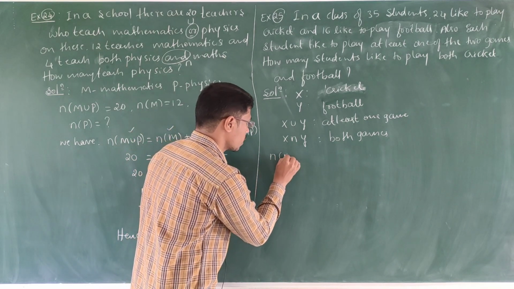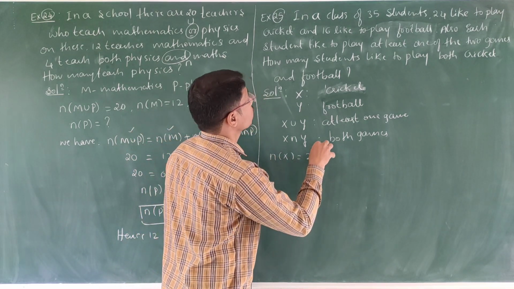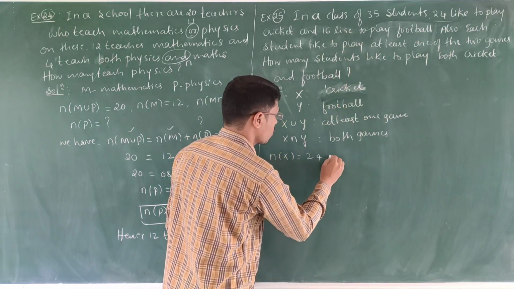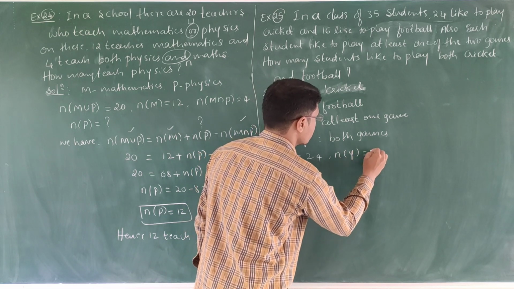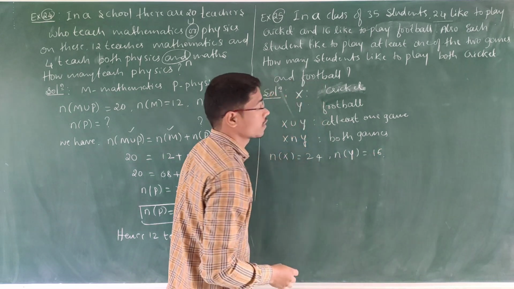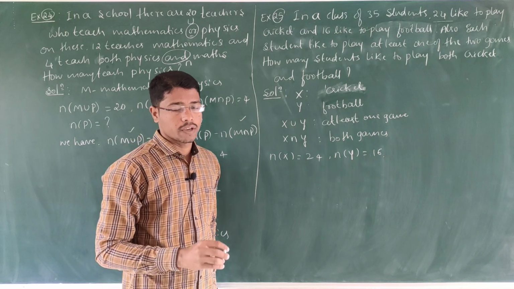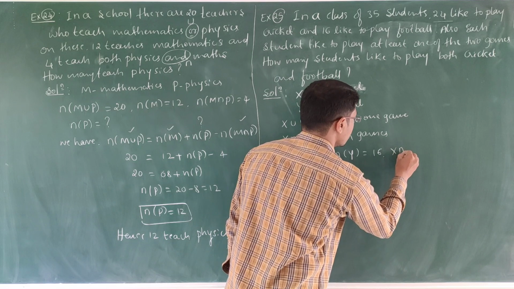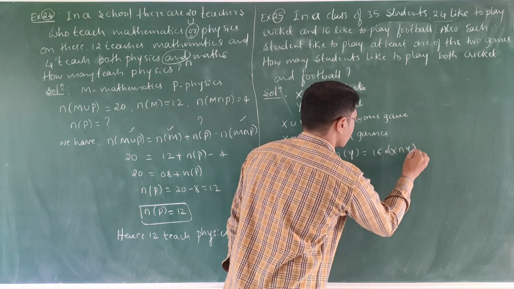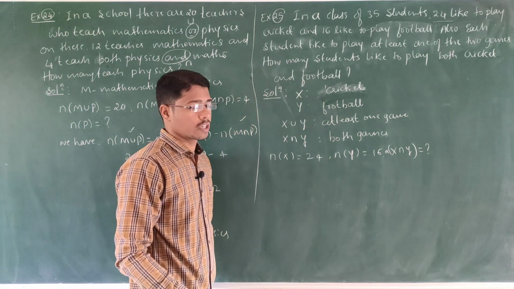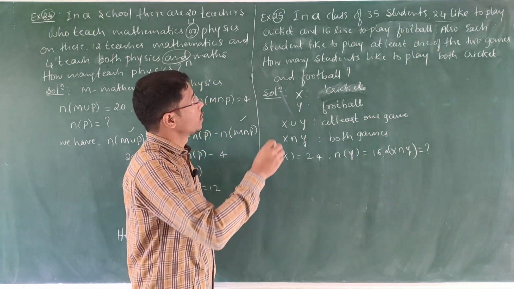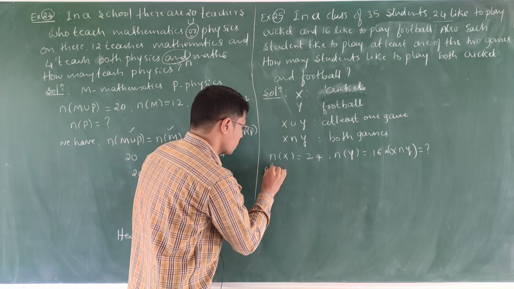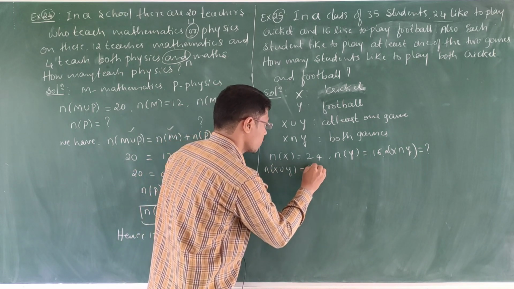The number of players who play cricket is 24, that is n(X) is 24, and 16 like to play football, so n(Y) is 16. Then we don't know X intersection Y, the number of students in both games, and the total number of students is 35, that is n(X union Y) is 35.